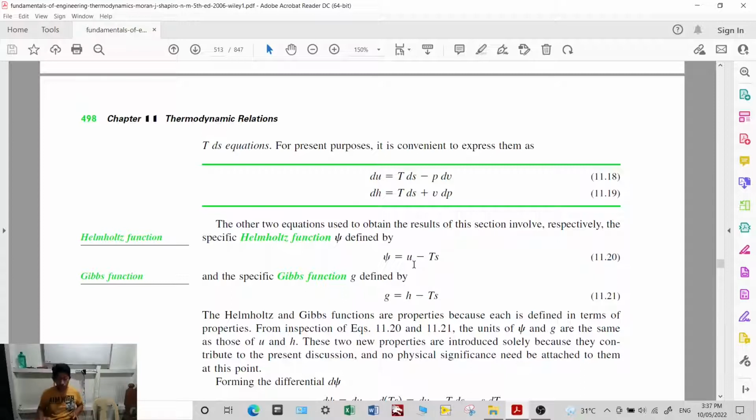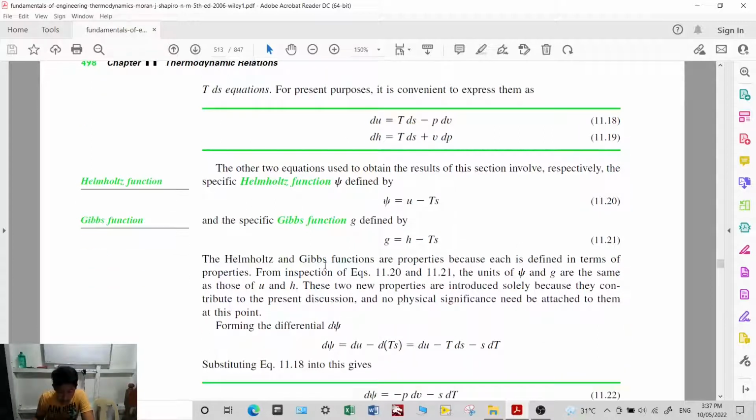And again, ang atong objective ani is maka-derive ta og equation for enthalpy, entropy, and internal energy, no? Nga ma-calculate nato siya. So, mao na itong objective ani, how to calculate internal energy, enthalpy, and entropy.